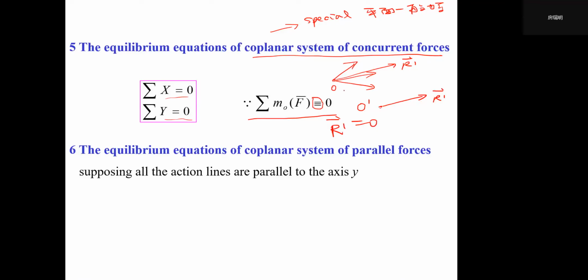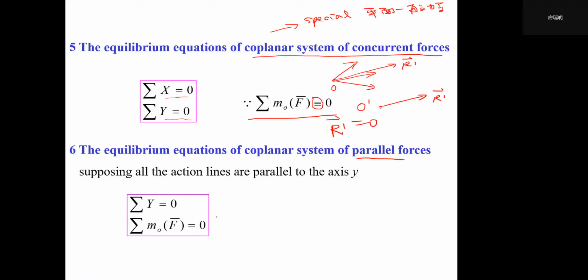And others have no meaning. And once again, the equilibrium equations of a coplanar system of parallel forces. It also can be looked at as another kind of special general coplanar force system, right? We only have this, right?